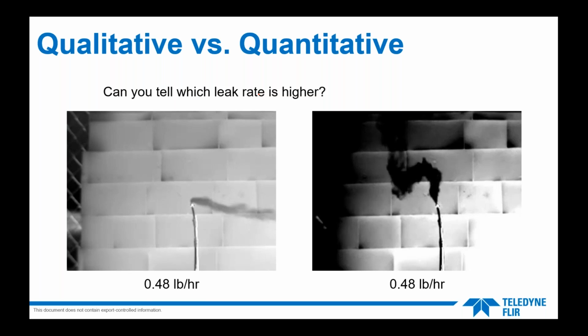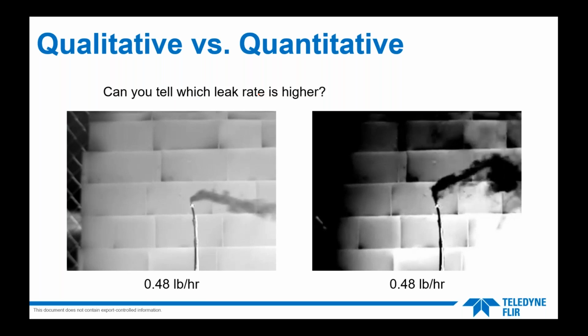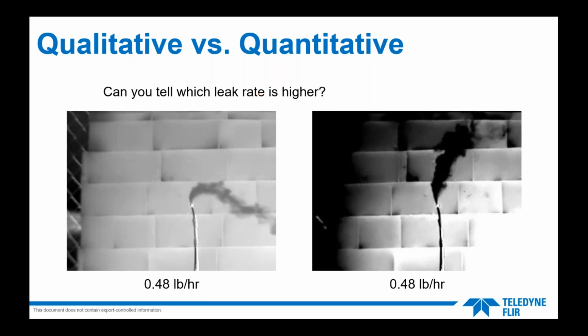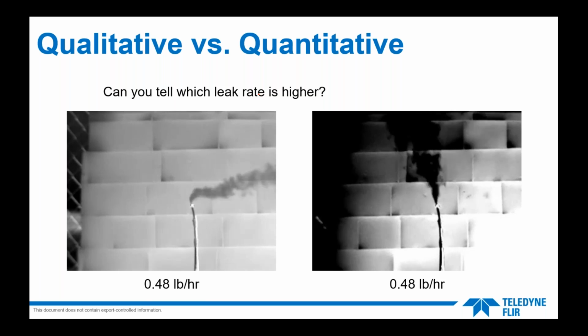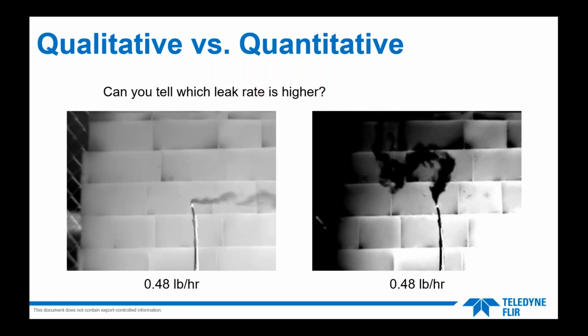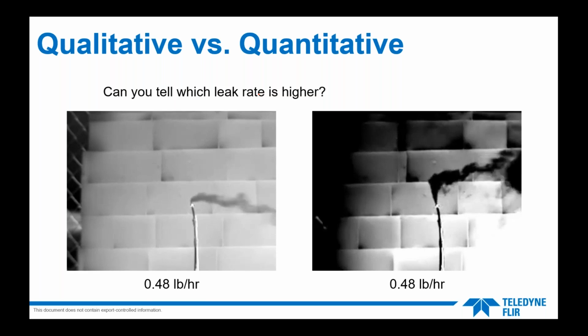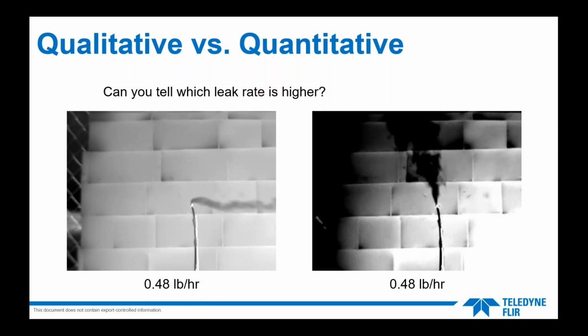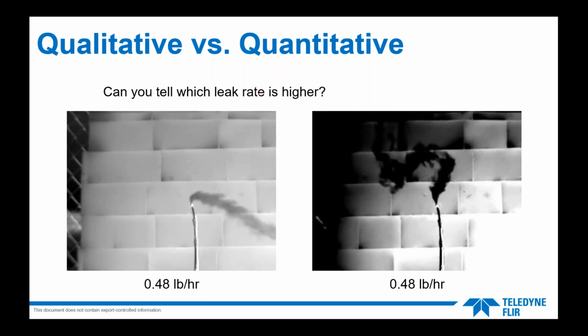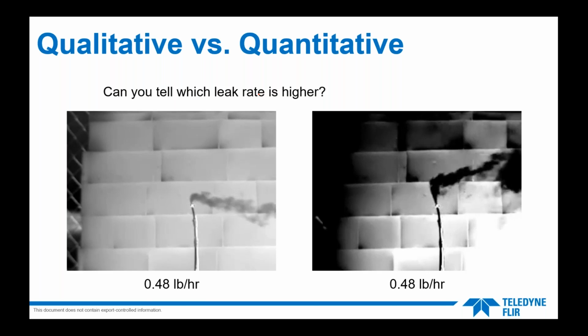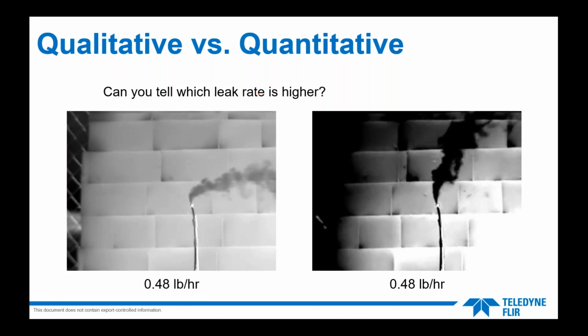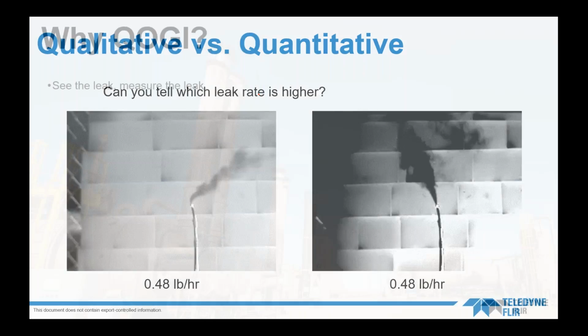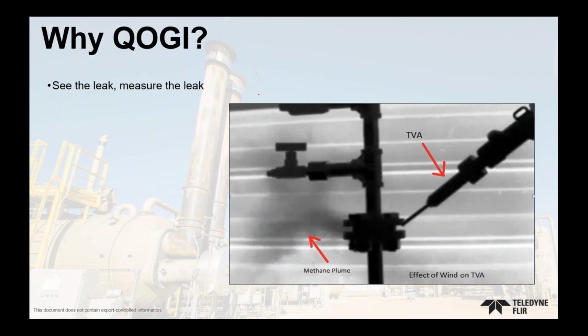Within the OGI camera itself, you have the ability to change level and span and certain thermal settings, which will artificially enhance the visualization of the gas. So it's very important to determine a qualitative versus a quantitative aspect when we're dealing with quantification.